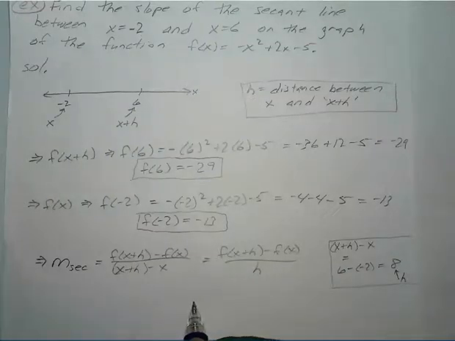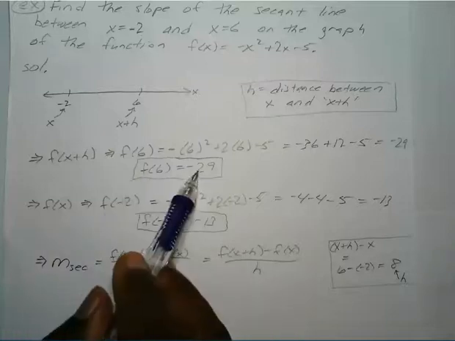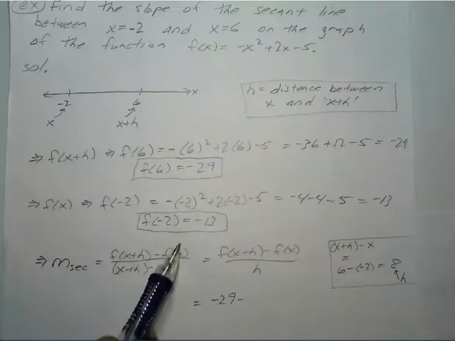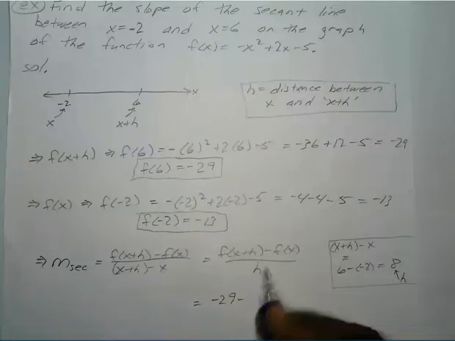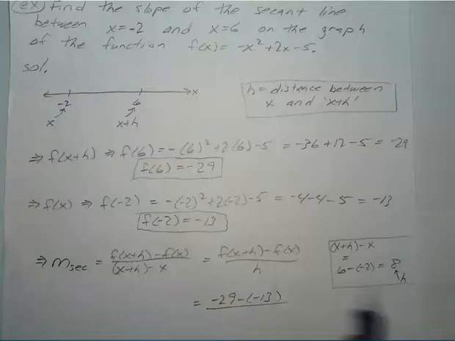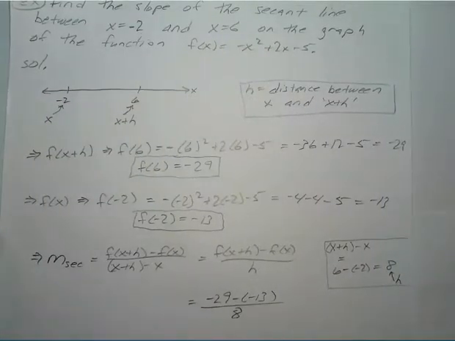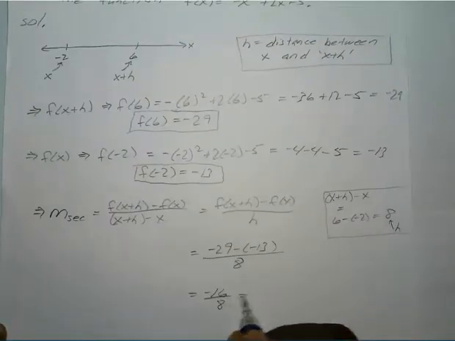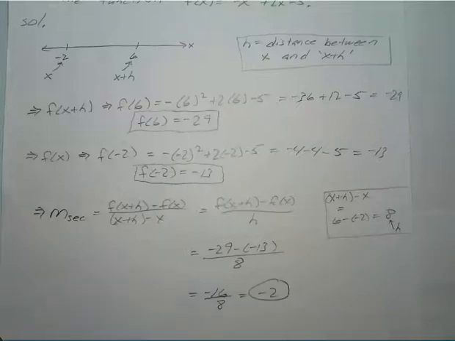Alright, so f of x plus h, that's our negative 29, minus f of x, which is negative 13, all over your h, which we already figured out is 8. So that's going to equal negative 16 over 8, which is negative 2.